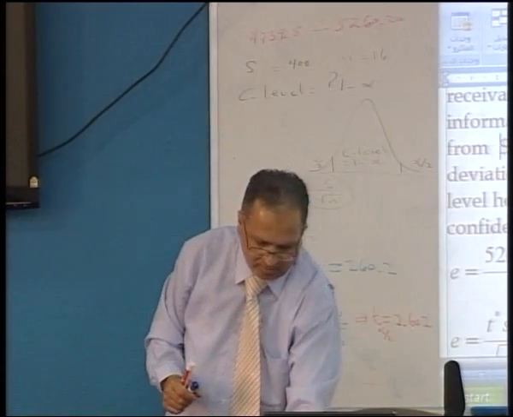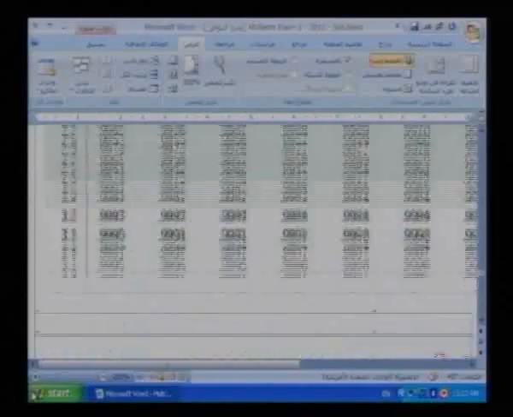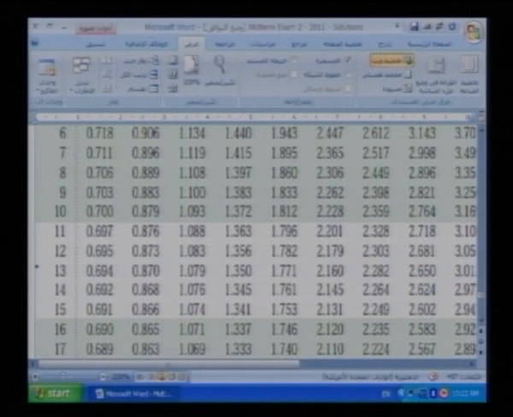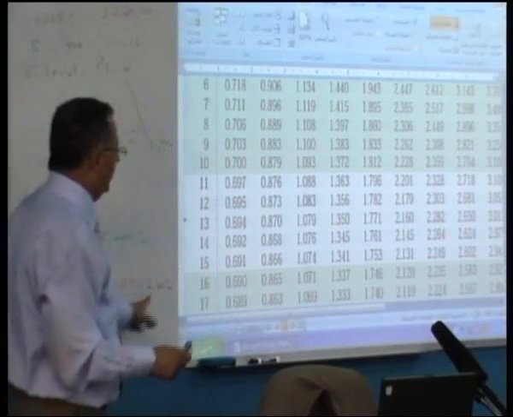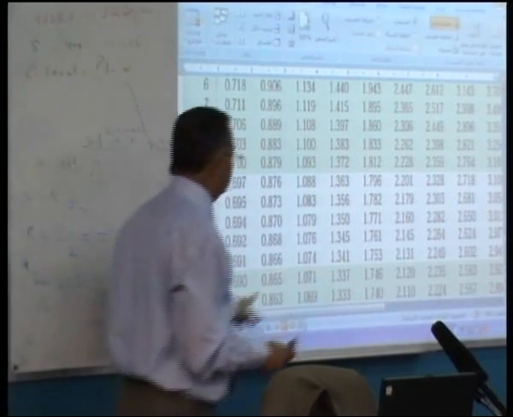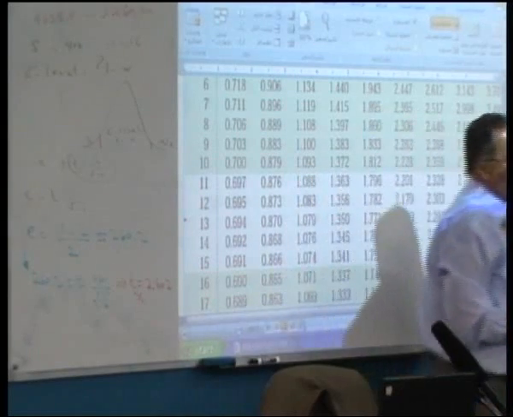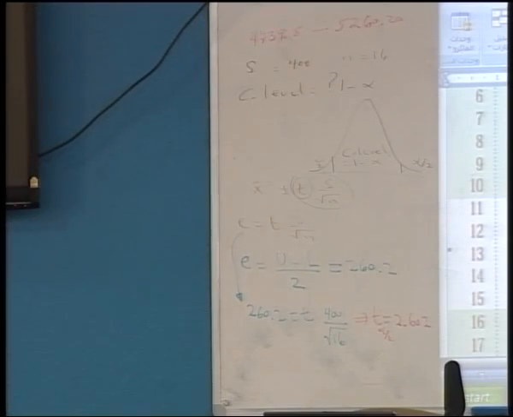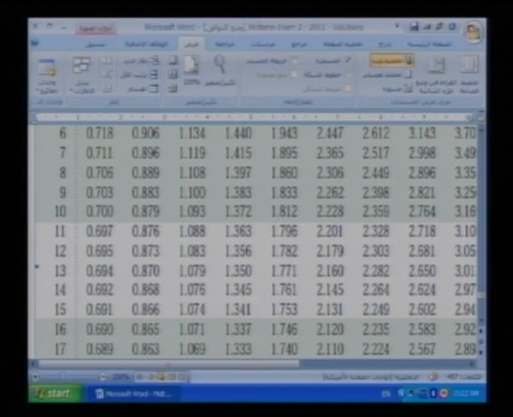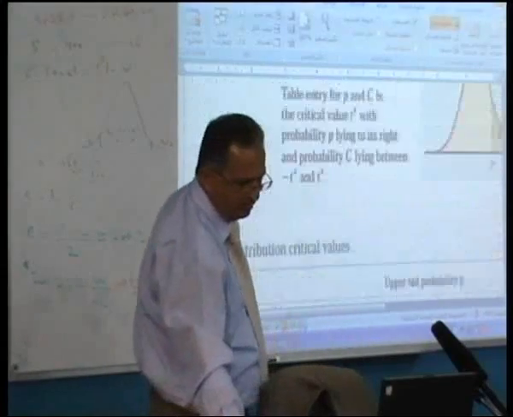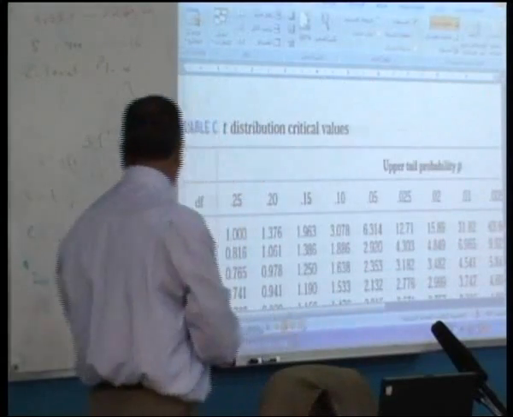Now look at the table at 15 degrees of freedom. Look at 15. At this value, 2.602. So at 15 degrees of freedom, 2.602, the corresponding alpha over 2, not alpha, is 1%.